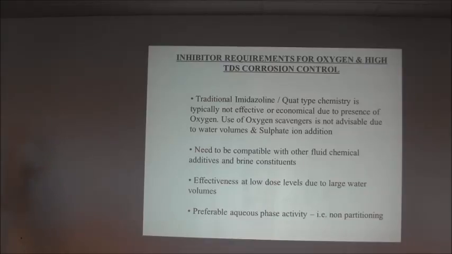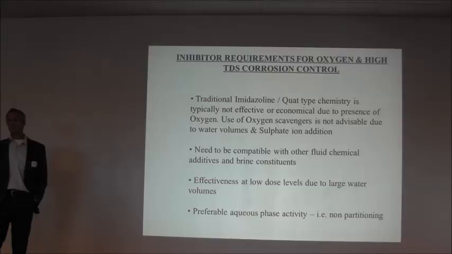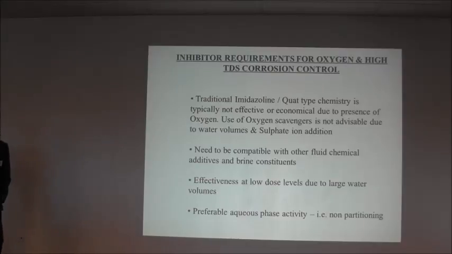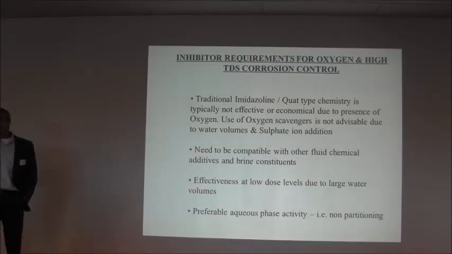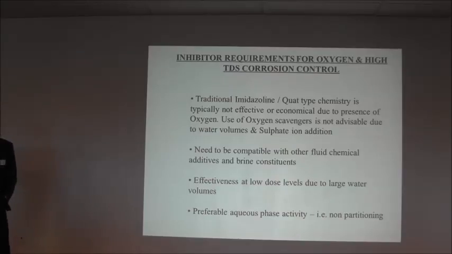The clot-type chemistry, one of its attributes for use in pipelines, for both gas and oil, is that it can actually straddle between the hydrocarbon phase and the aqueous phase. So that actually gives you protection throughout the pipeline. In this application, when we're talking about oxygen and high TDS, we're really focused on the aqueous phase.